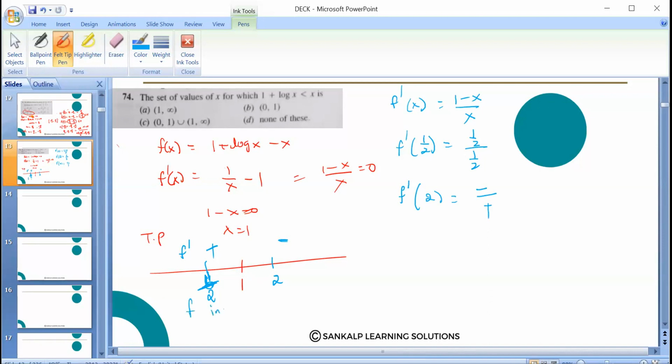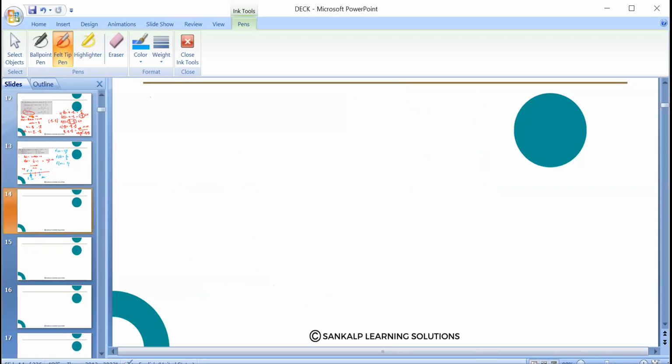That means f is increasing, then f is decreasing. F is increasing when x is between 0 and 1. F is decreasing for x greater than 1.